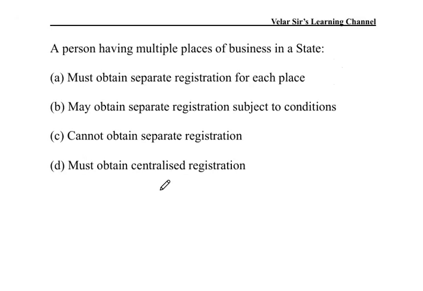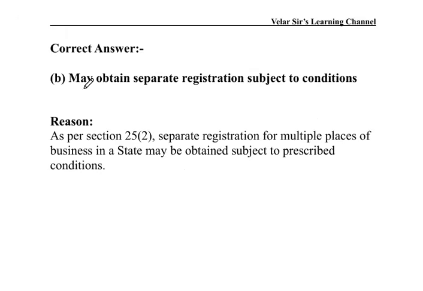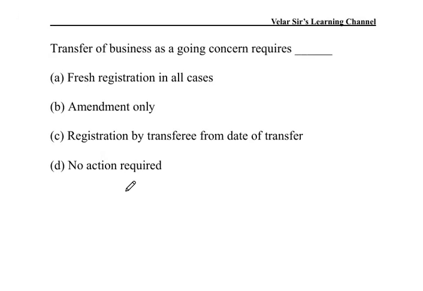D option, must obtain centralized registration. The correct answer will be B, may obtain separate registration subject to conditions. Reason is given as per section 25 subsection 2. Separate registration for multiple places of business in a state may be obtained subject to prescribed conditions. Okay, that will be the correct reason.